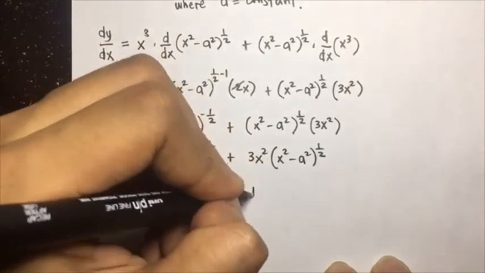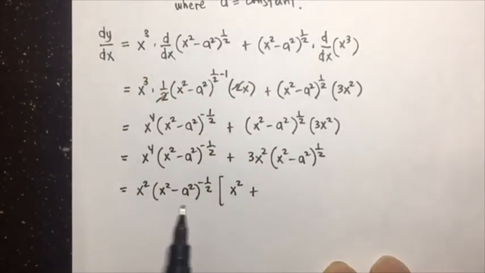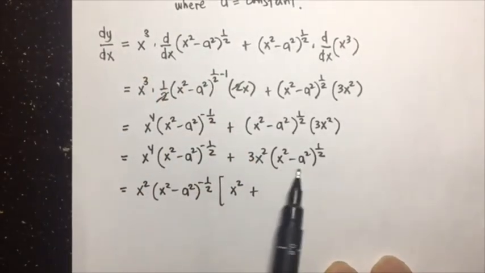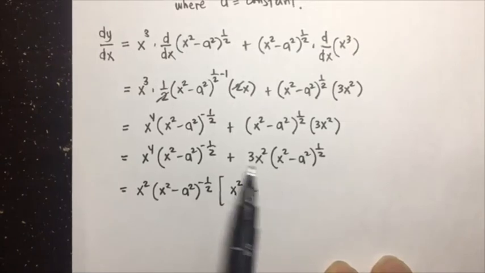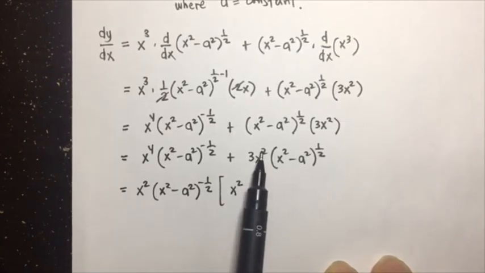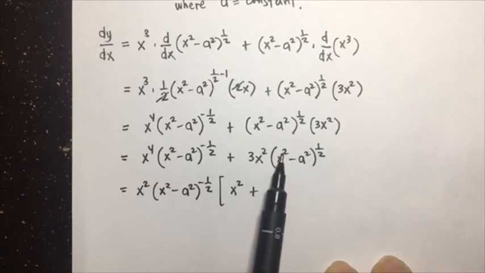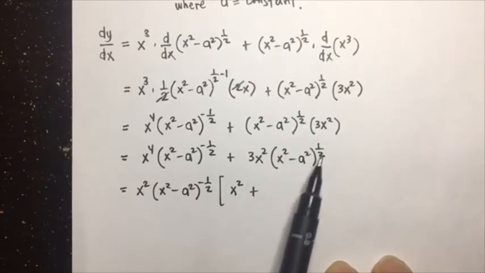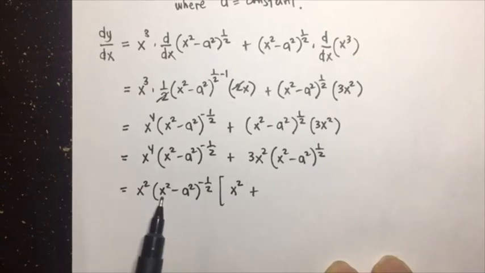Plus, factoring out again this from the second term. So 3x squared times x squared minus a squared raised to 1 half divided by x squared times x squared minus a squared raised to negative 1 half.